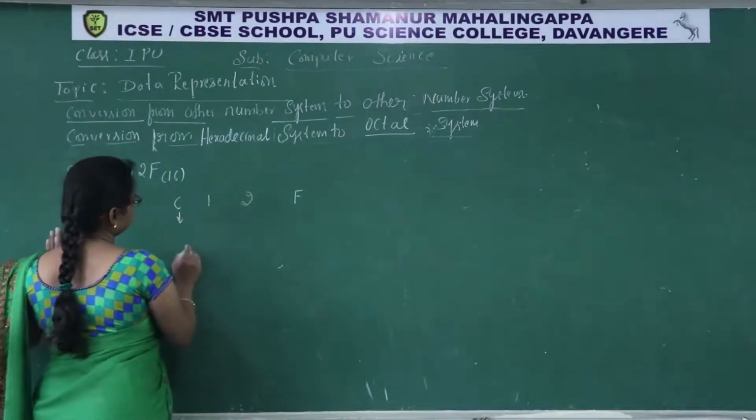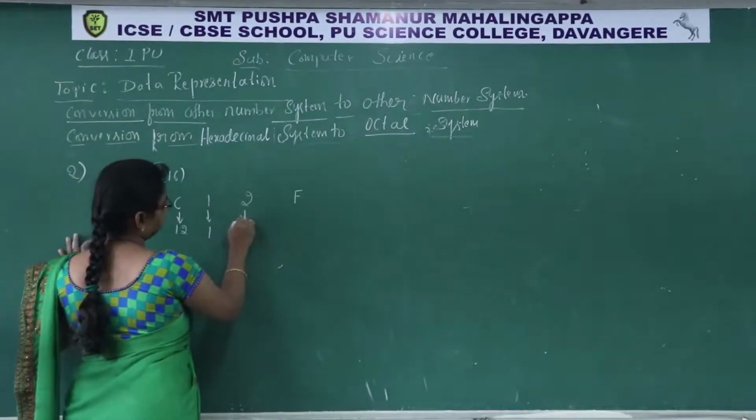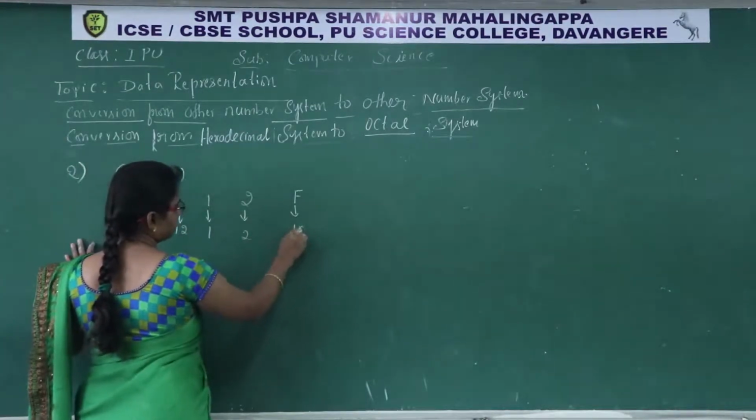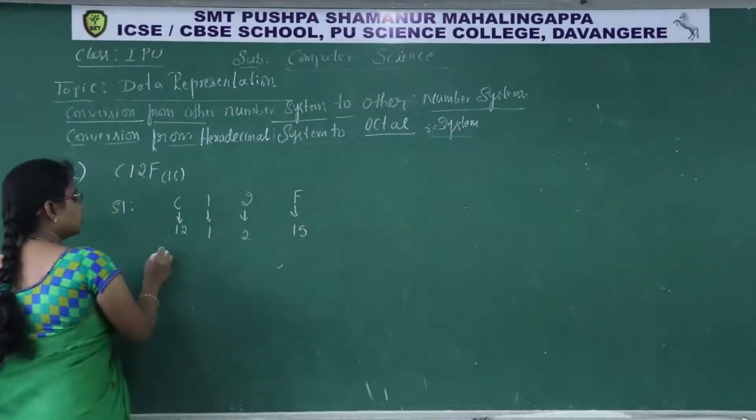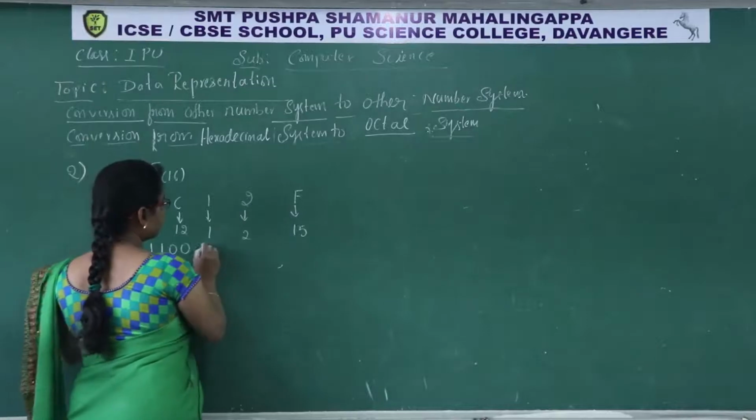C means 12, 1 itself, 2 itself, F is 15. Now 8 plus 4 is 12. How to write 1 in 4-bit?